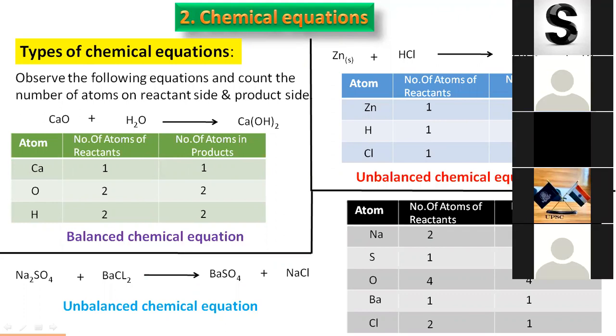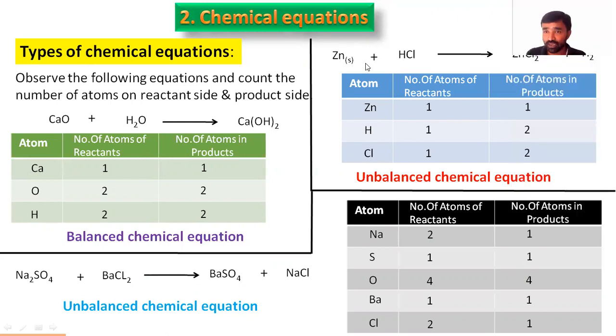We are introducing one new topic here based on the law of conservation of mass. The equation which is satisfying the law of conservation of mass is called a balanced chemical equation, and that which does not satisfy it, giving different counts of elements before the change and after the change, is called an unbalanced chemical equation. So we have to make them balanced chemical equations.